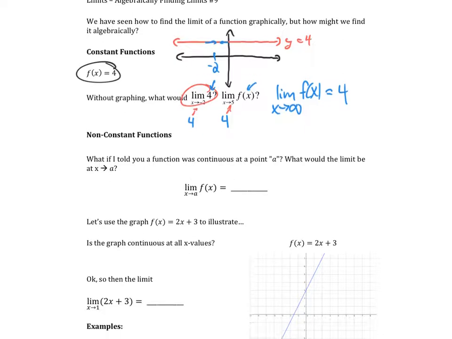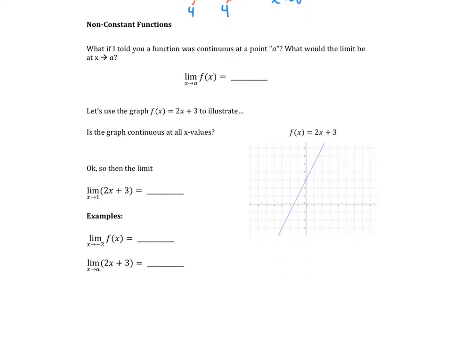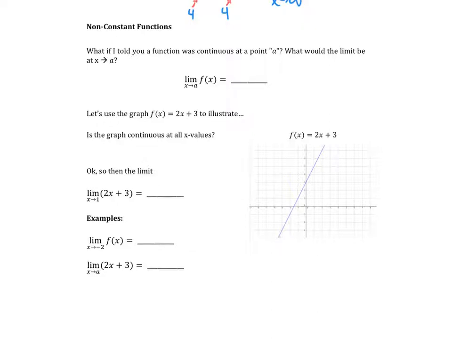Now, non-constant functions. Non-constant functions is pretty much everything else, okay? So the question is, what if I told you a function was continuous at point A? What would the limit be as we approach A? Well, you might be saying, I don't have the graph, how could I tell? Well, we talked about what it means for a function to be continuous.